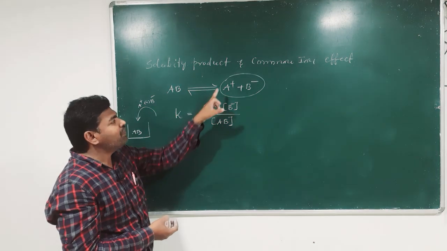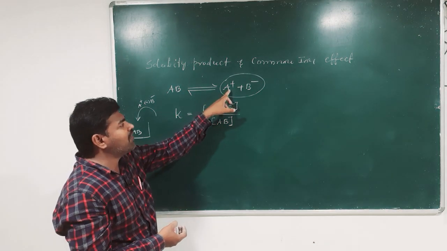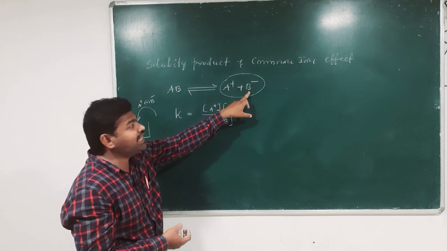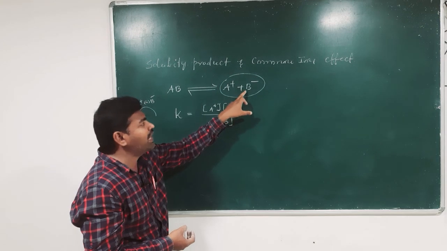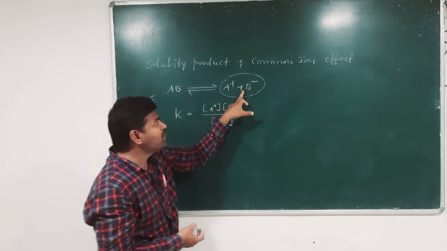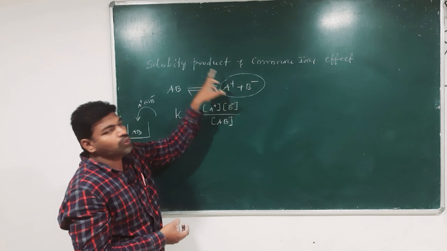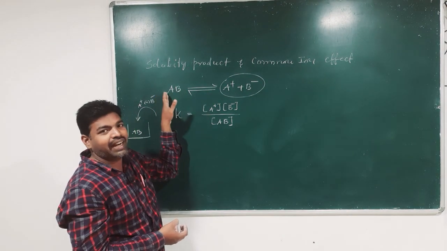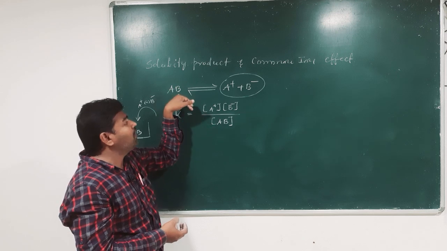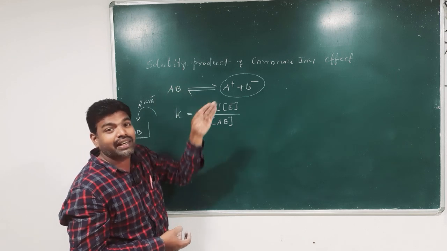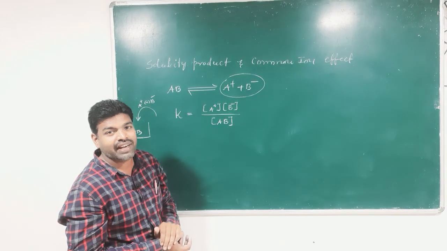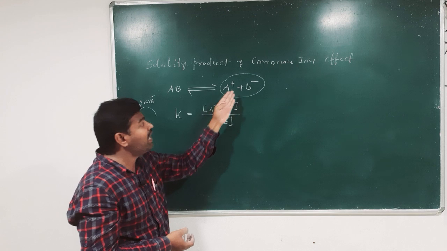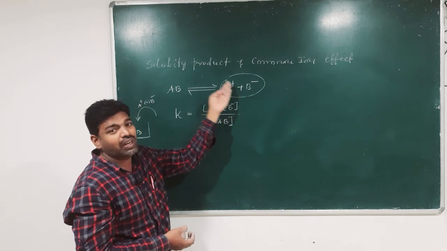We are increasing the concentration of A plus ions or B minus ions, which increases the concentration of products. That's why the equilibrium shifts to the left side. When the equilibrium shifts to the left side, the degree of ionization of the electrolyte decreases.